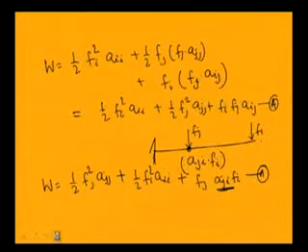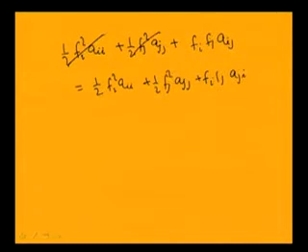So, by equating this you can cancel the common terms and you can see that Aij equal to Aji.